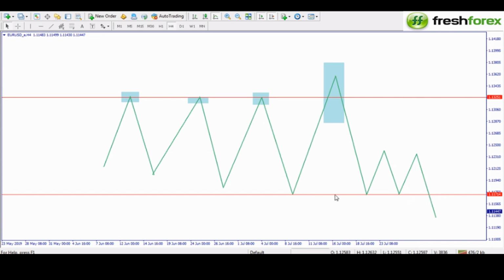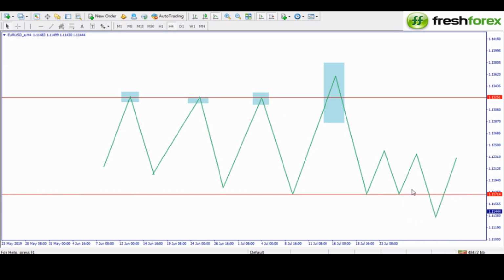Normally if you have a support here and price goes below it, we expect price to remain on that side. But if that does not happen, and instead of remaining below, price comes back again and breaks on the upper side, this is called a bearish false breakout.